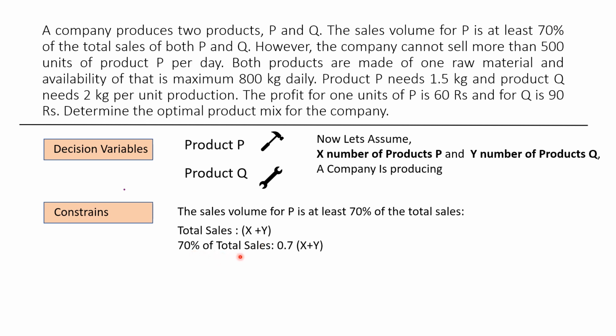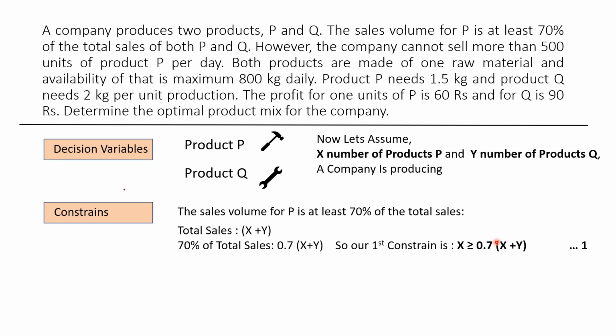And the 70% of the total sales, mathematically you can say that 0.7 times (X plus Y), and this number should be less than the total number of product P. So our first constraint is X should be greater than or equal to 0.7 times (X plus Y), where X is the total number of P we are producing and X plus Y is the total sales amount.